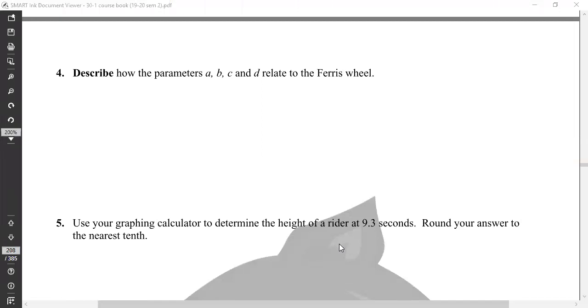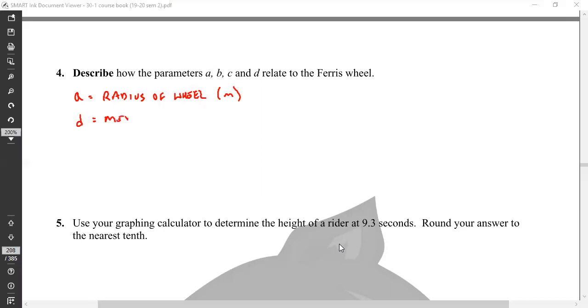If you're asked to describe in a written response on a diploma exam, let's make sure that we connect all the dots here. a is equal to your radius of the Ferris wheel. Always relate it back to the context. This is in meters.